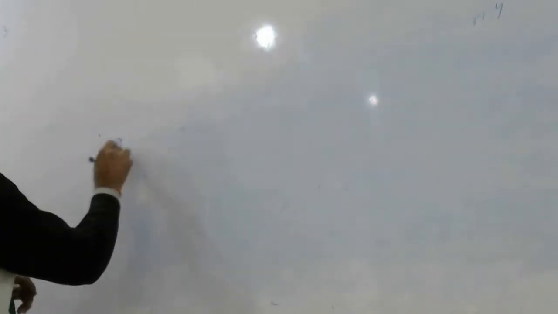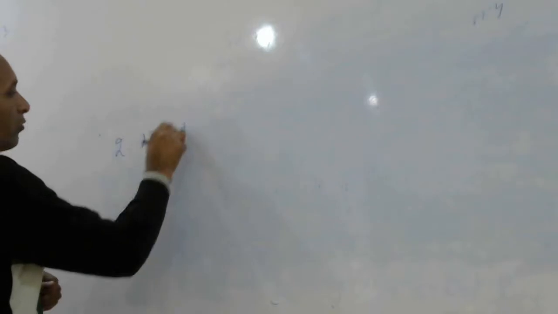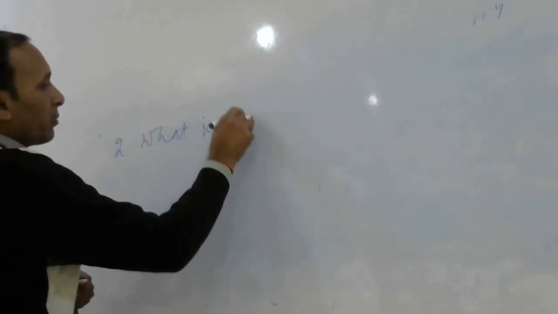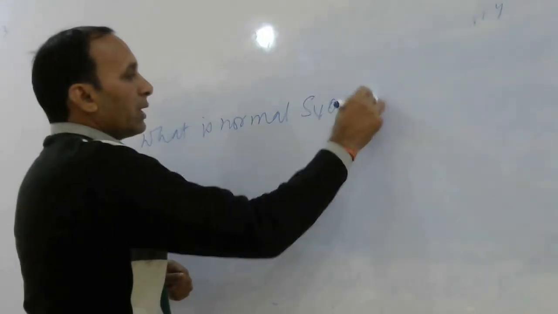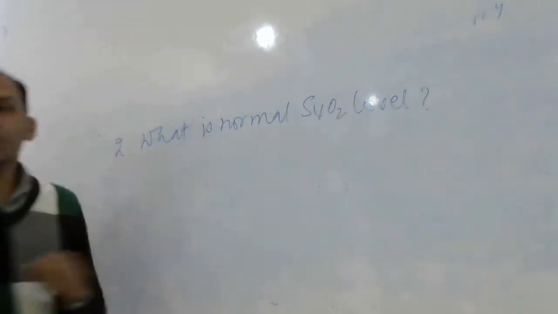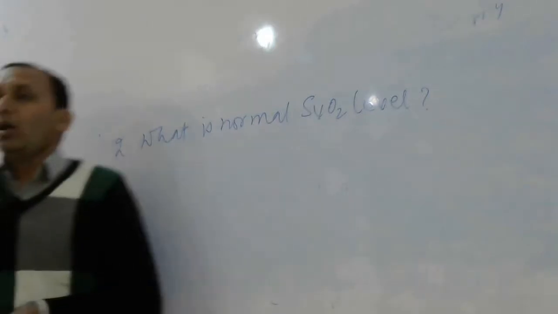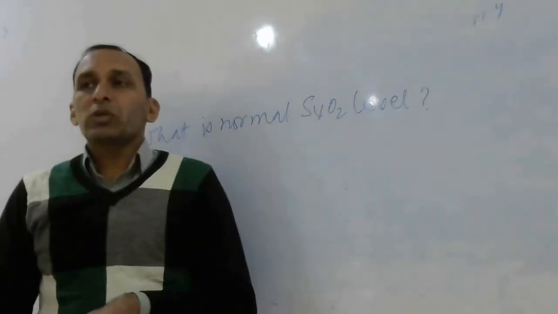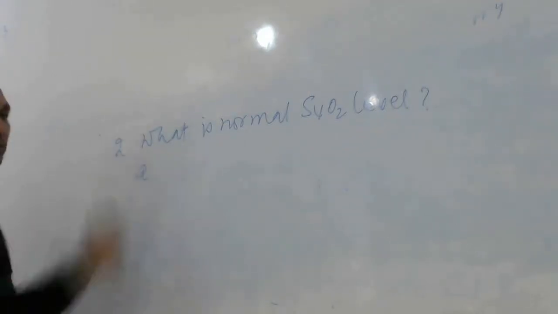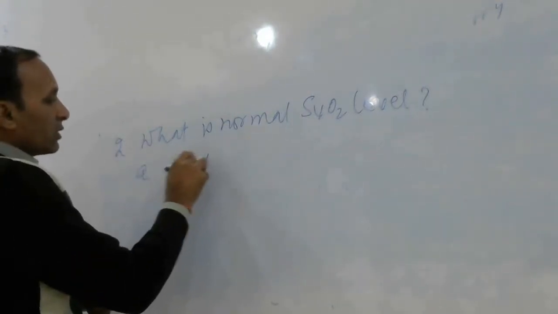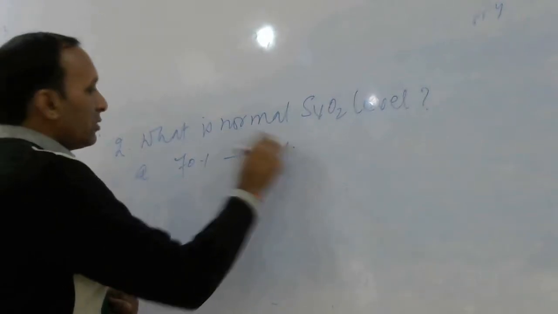Next question, question number 2. What is normal SpO2 level? So students, here they are asking about the SpO2 normal level. So A option, it is given 70% to 60%.